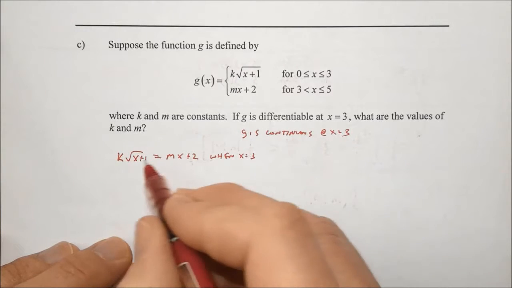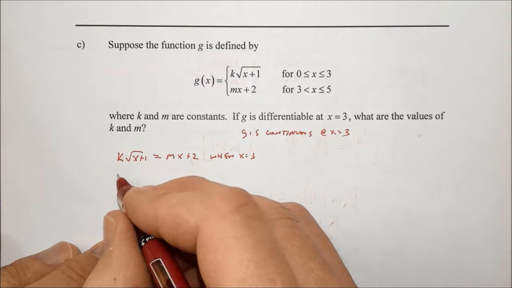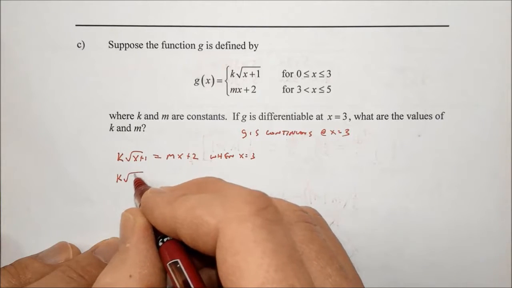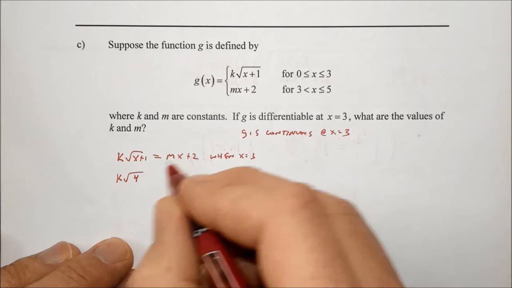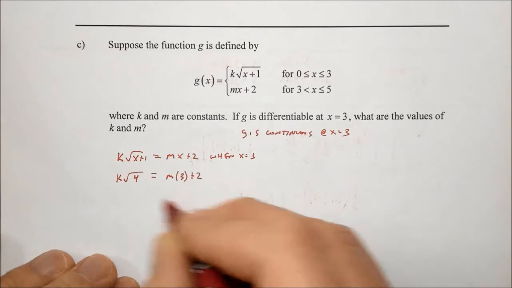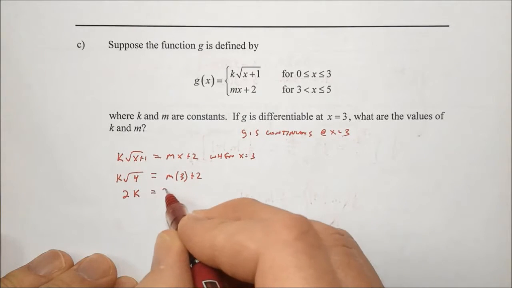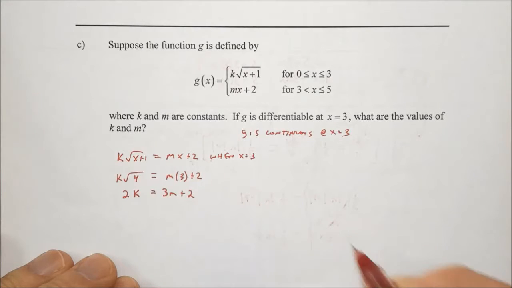Okay, so if we replace 3 in for x, we have k times the square root of 3 plus 1 is 4. And then over here we have m times 3 plus 2. So just simplifying this slightly, we see we have twice k is equal to 3m plus 2.